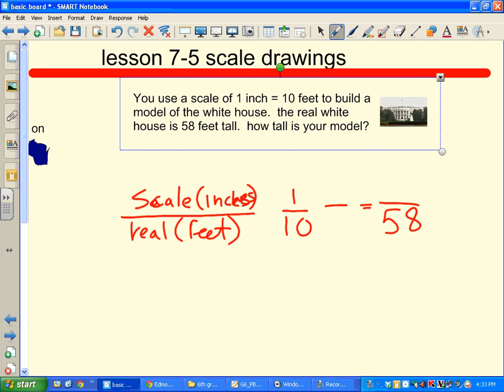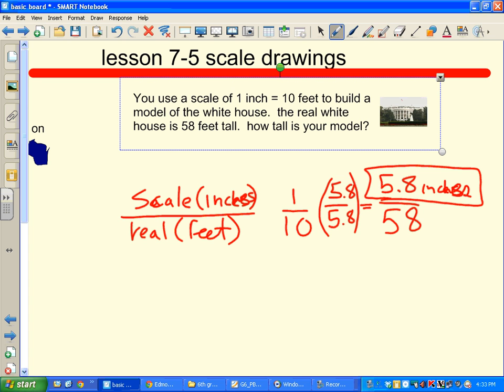Well, if you use a calculator, you'll figure out it is 5.8. 5.8 above, 5.8 below, 1 times 5.8, I get 5.8 inches as my answer. It's basically the same proportion problem, except with scale, they tend to be a 1 to something scale. Not always, but they tend to be.